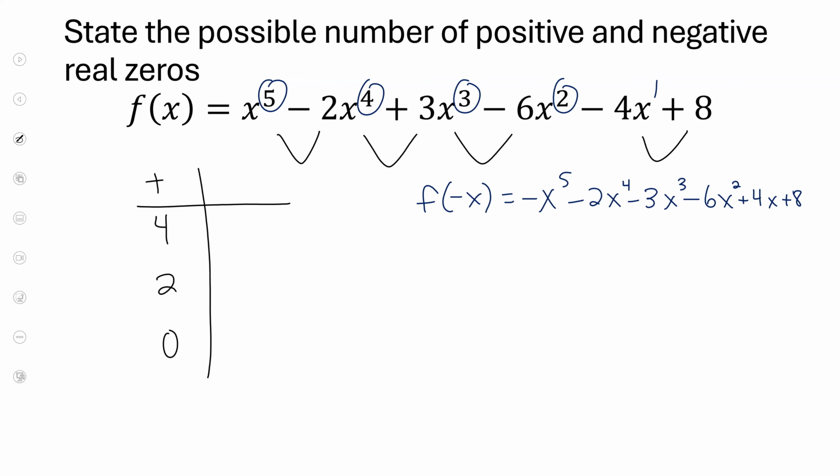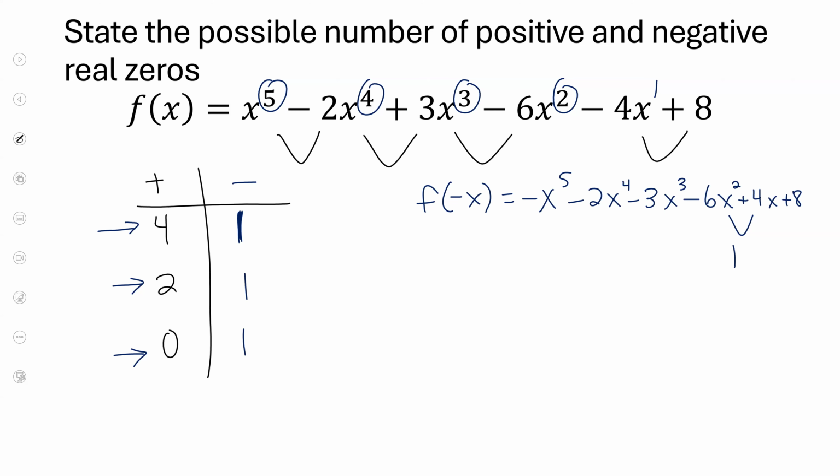So there is only one variation. So you for sure will just have one negative answer. No matter what the positives are, say you have 2 positives, you will always have one negative answer. Say you have no positive answers, you will always have one negative answer. If you have 4 positive answers, you will always have one negative answer, okay?